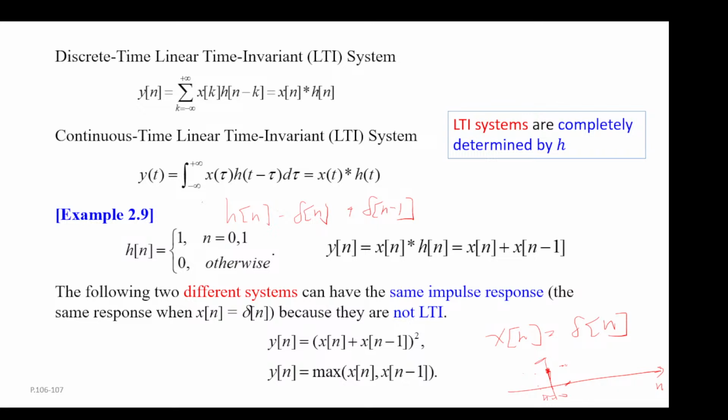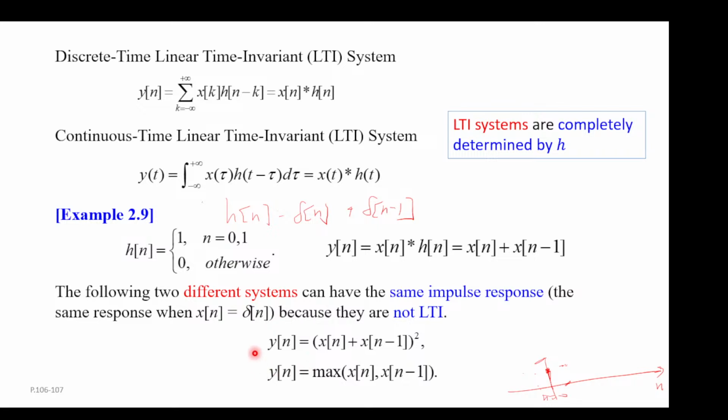So they have the same impulse response, but they are different systems. So that means when you take x of n equal to delta of n, a lot of different systems will give you the same response h of n, if they are not LTI.